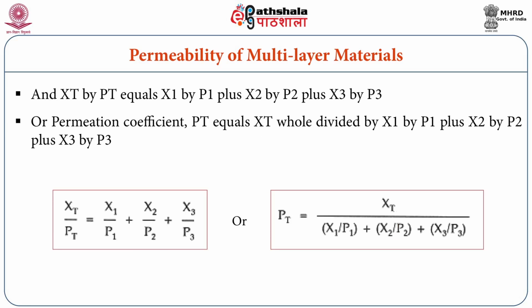So xt by Pt equals x1 by P1 plus x2 by P2 plus x3 by P3, or the permeation coefficient Pt equals xt whole divided by x1 by P1 plus x2 by P2 plus x3 by P3.